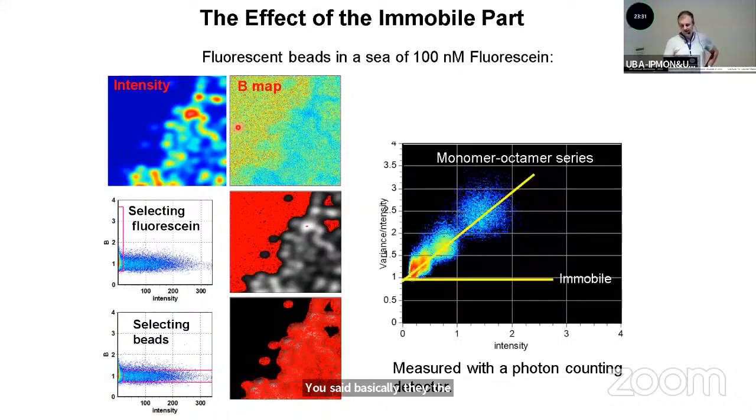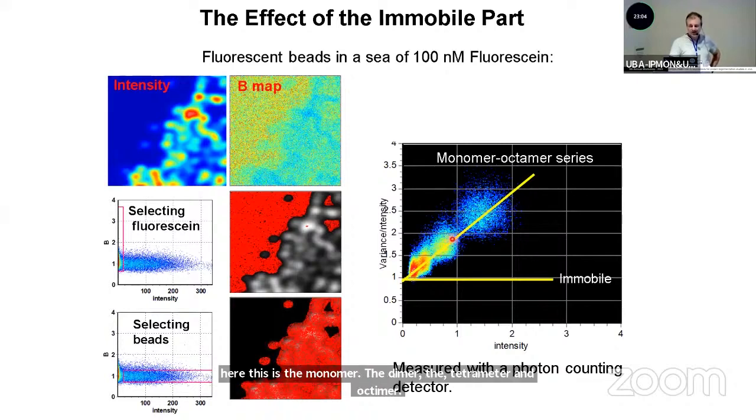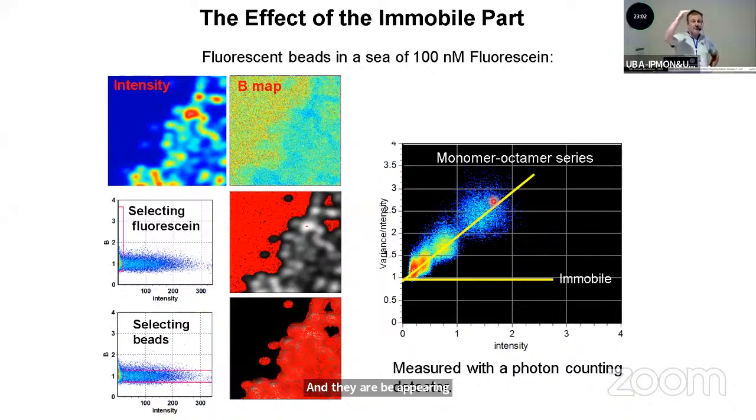And if you have a very good system like a photon counting detector, and you have molecules that can form only monomers, only dimers, only tetramers, or only octamers, you will have a plot in which you can see here the monomer, the dimer, the tetramer and the octamer, appearing in steps which are proportional to the previous one.